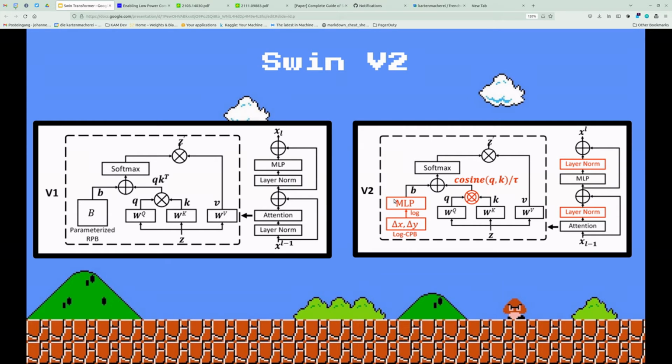We will look into it a bit now, but I have to say I have not looked at this whole Swin version 2 thing in complete detail, so I'm not an expert on all these things. If you have questions, we can talk about it, but I might not be able to answer them completely. But let's look at them.